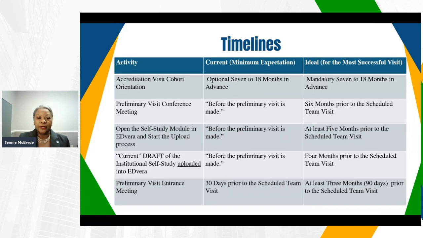The fellow would discuss the purpose of the meeting to include logistical information about the institution, as well as current resources and things of that nature. It is also ideal for institutions to experience the most successful visit if the institution would open the self study module in Advera and start the upload process at least 5 months prior to the scheduled team visit.